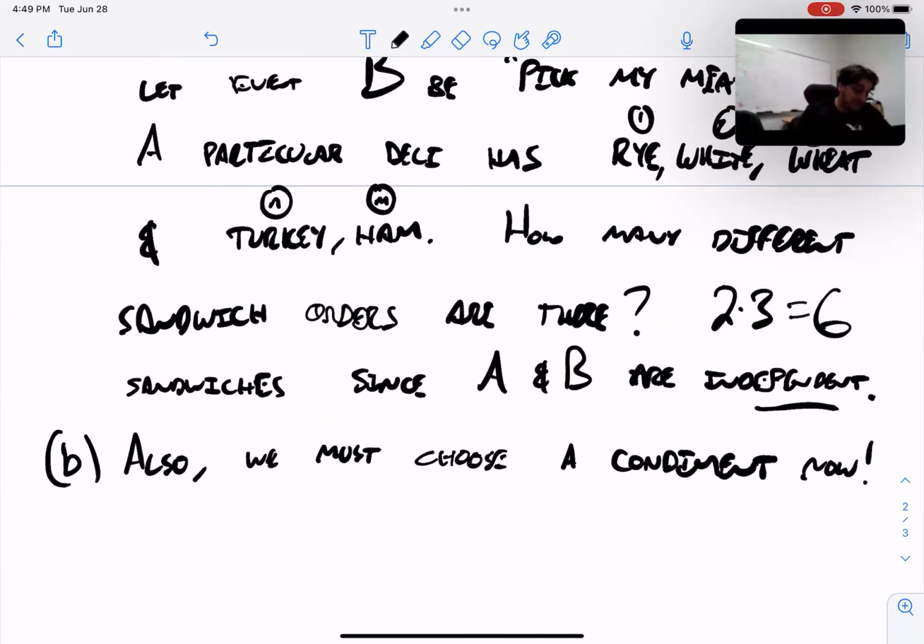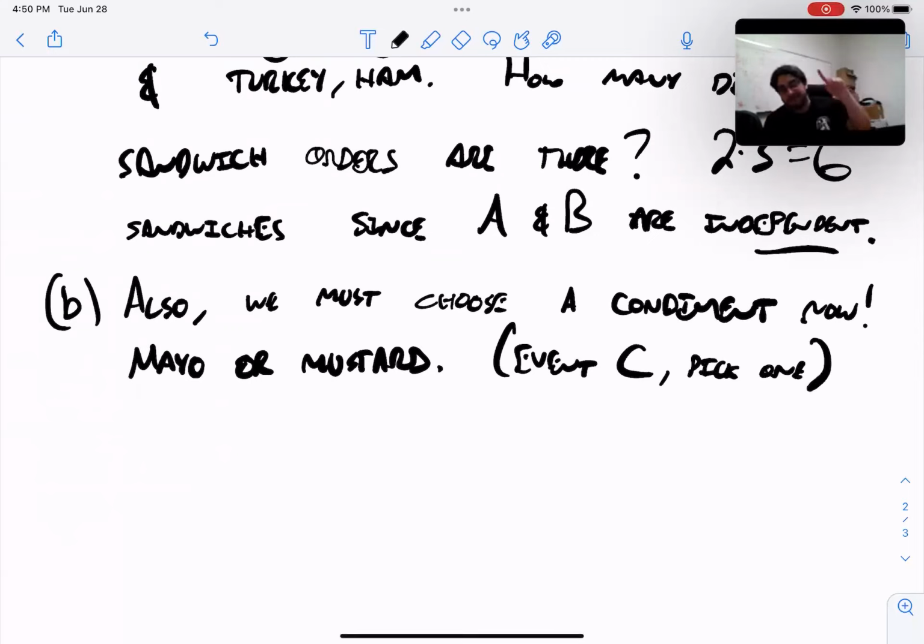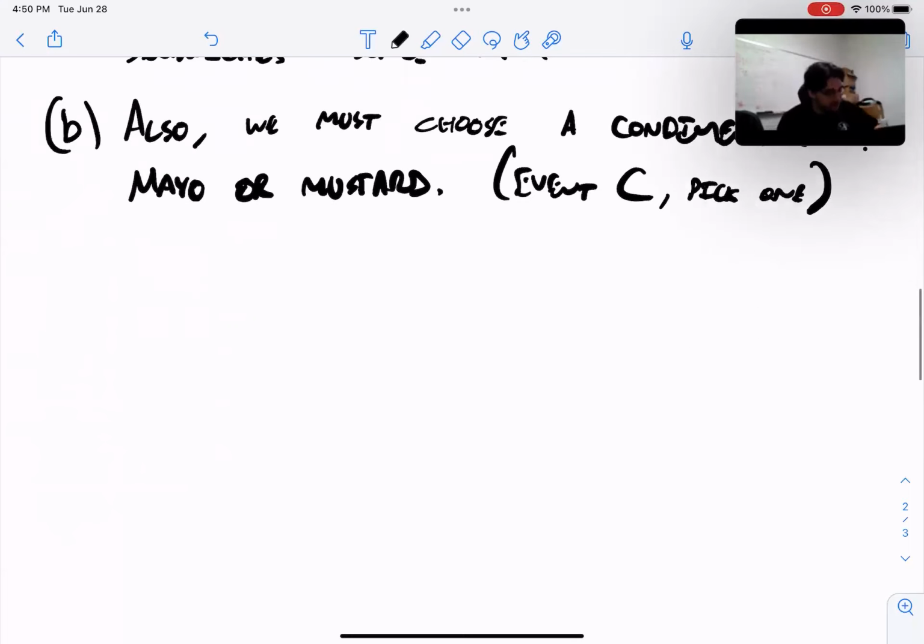So say we have mayo or mustard now for our sandwich, and let's call this event C picking one, right? So you can pick 1 bread, 1 meat, and 1 condiment is how we're going to order our sandwich. So this becomes harder to represent with this table.